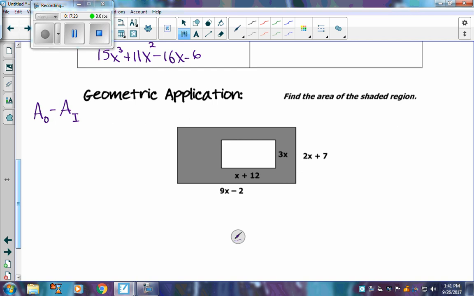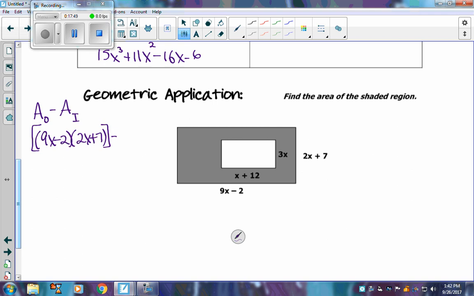The outside area is 9x minus 2 times 2x plus 7. And all that's grouped together, so I'm going to put some brackets around that. Now, from that, I'm going to subtract the inside.